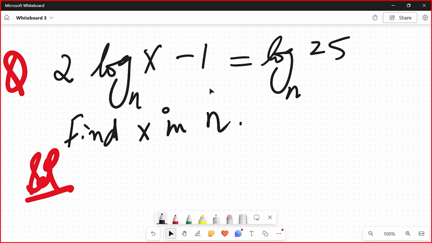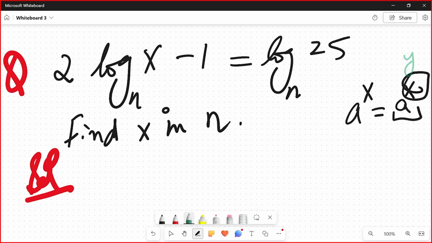We learned when covering logarithms, and also for exponentials, that if we have something like a^x, we try to have the other side also in the form of a raised to some power. If the bases are the same and this becomes something like y, then we say x is equal to y. Does it make sense to you? I'm talking about exponentials, but that's the same approach we will apply here.